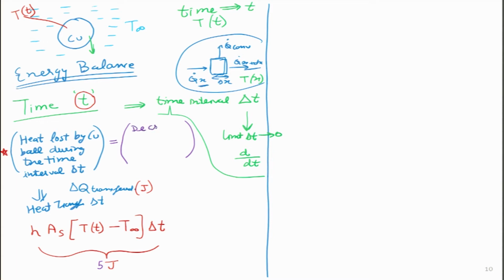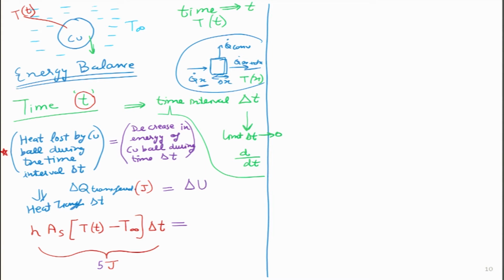What is the decrease in energy of the copper ball during the time interval delta t? Because this course deals just with thermal properties, we will only concentrate on the internal energy. Essentially we are asking how much internal energy is getting lost.